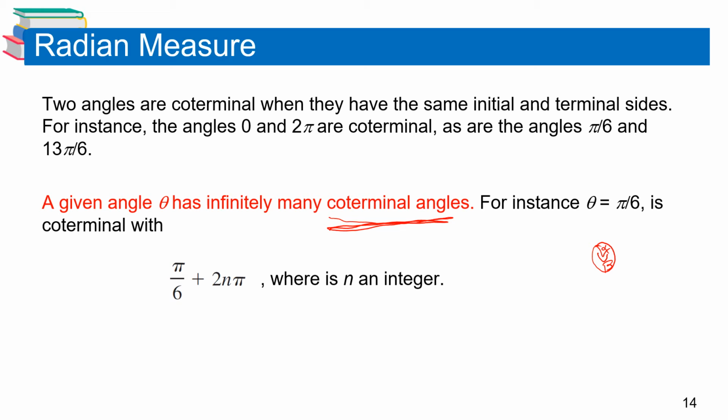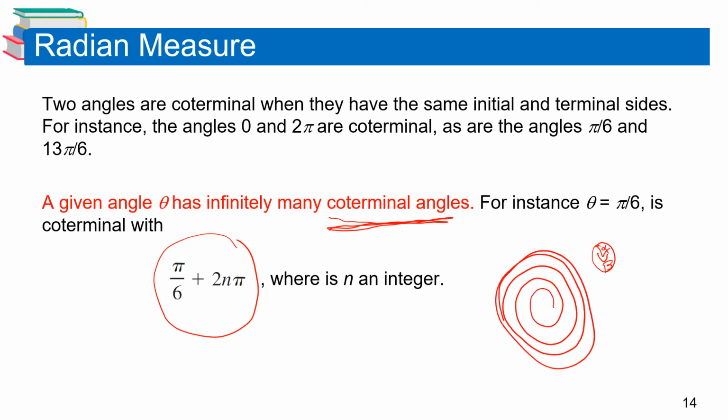Sometimes you can also say the angle added with 2n pi will be coterminal angles, because when you add 2n pi, it comes to a complete circle. So you got those two angles to be coterminal angles.